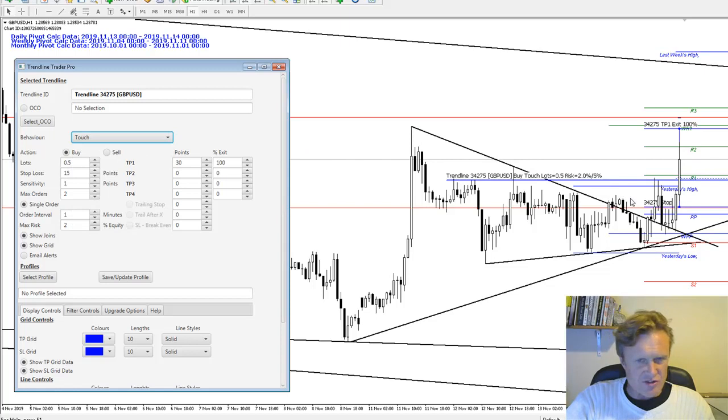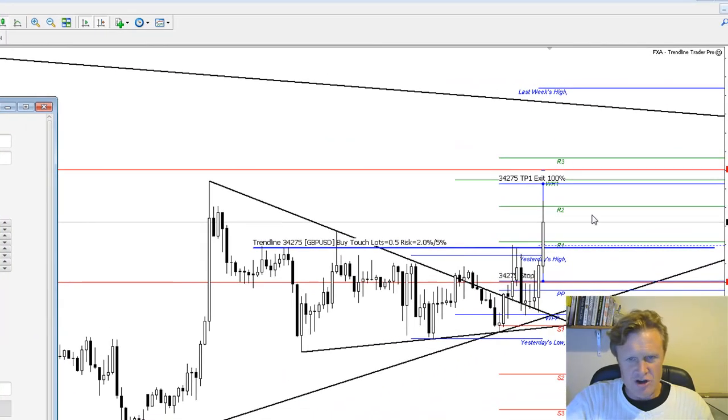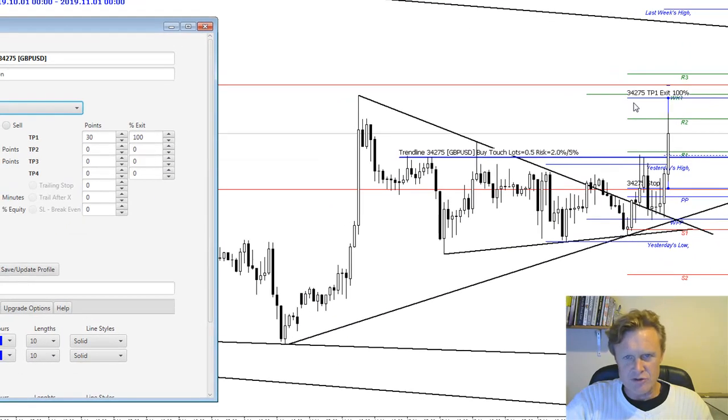When I've just selected the trading behavior, you can see the chart has changed a little bit, and we can see our take profit level TP1, giving me the trend line number 34275. This TP1, take profit 1 level, exiting all of the position at 100%, corresponds to trend line 34275, which is our trend line down here.